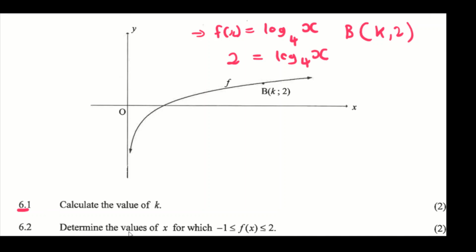And this 4 here, since it's our base, is going to be 4 to the power of 2 equals x. So x equals 16. So therefore, our k value is equal to 16, right? So that's how we solve this problem here.